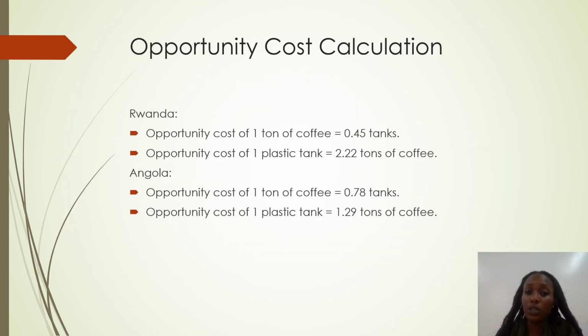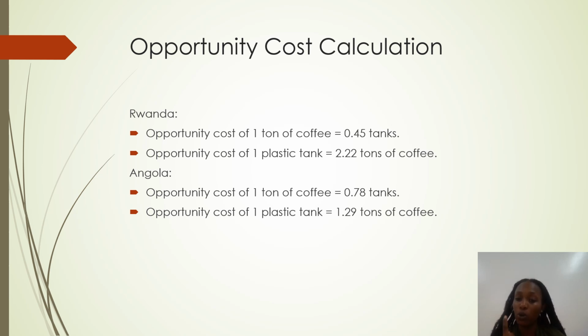When you want to see the comparative advantage, you use the opportunity cost calculation. For Rwanda to produce 1 ton of coffee, we see that it forgoes 0.45 tanks.